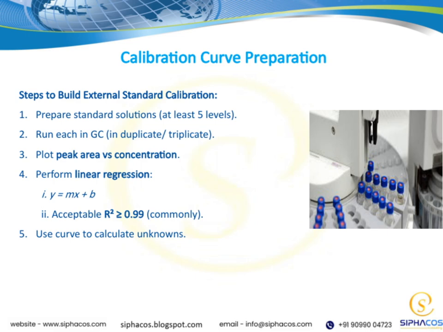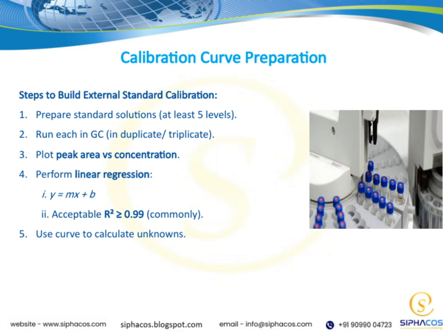From there, we perform a linear regression analysis, which typically results in an equation like y equals mx plus b. This line describes how our peak area relates to concentration across the standard range. An important point here is the R-squared value, which should be at least 0.99 to consider the calibration reliable. A high R-squared indicates a strong linear relationship.